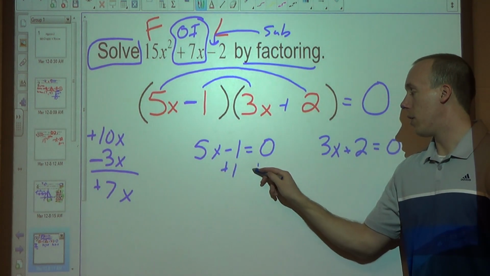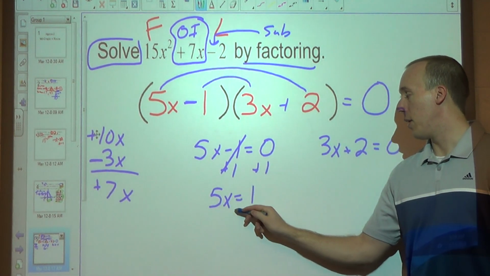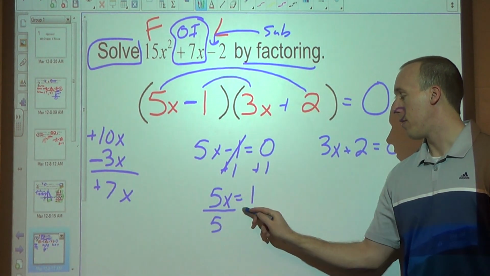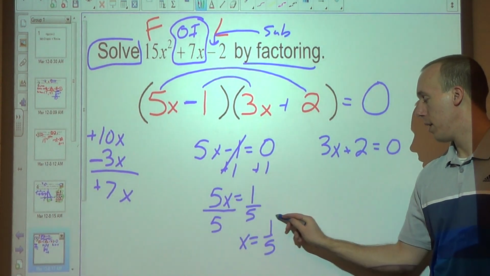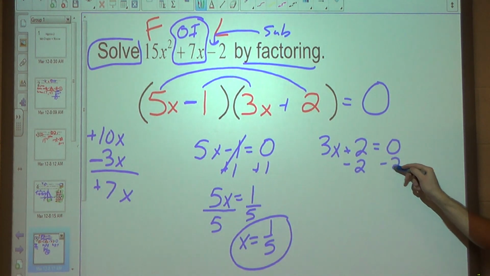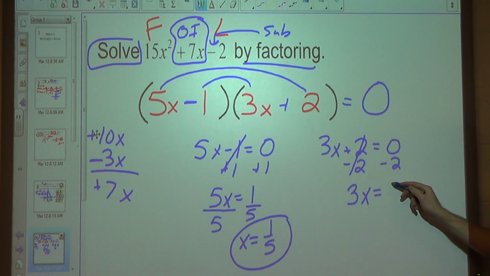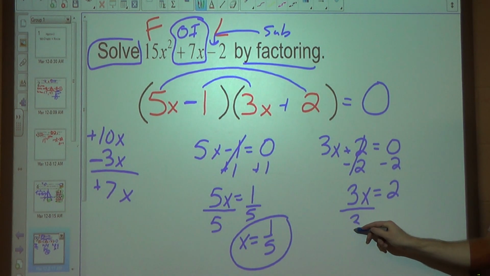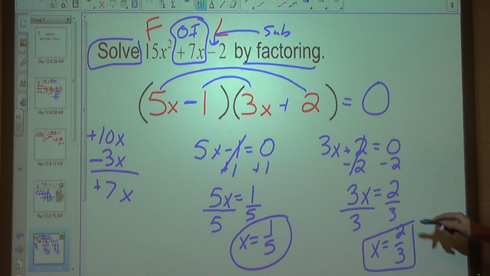I would add the 1 over, and then I would divide by 5, so x equals 1/5. And then I would subtract my 2 over. And then I would divide by 3. And x equals 2/3.